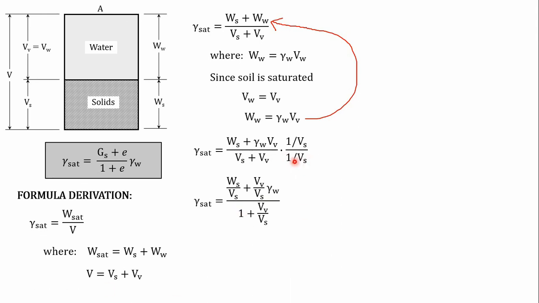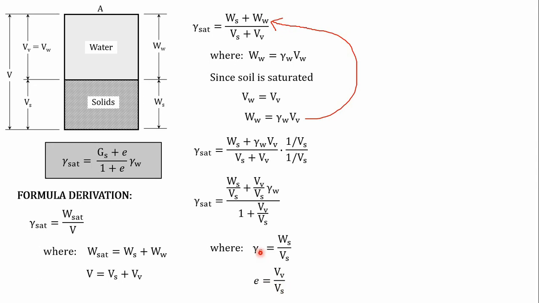And then volume of voids times 1 over Vs, that is equivalent to volume of voids divided by volume of solids. Take note that unit weight of solids is equal to the weight of solids divided by the volume of solids, and then the void ratio is equal to the volume of voids divided by the volume of solids.